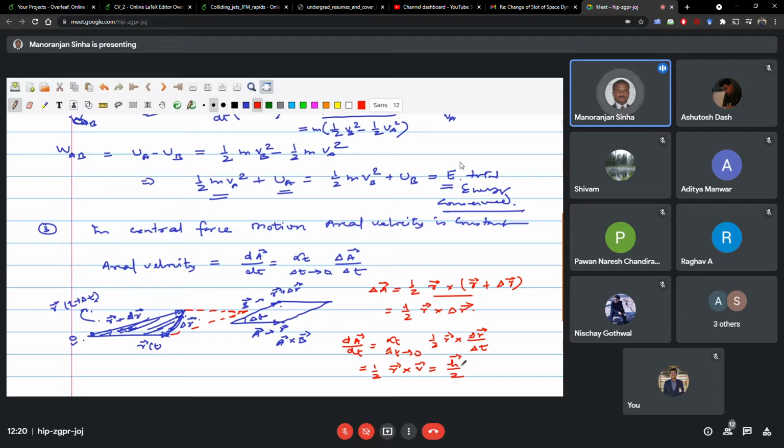The h I have already stated is the specific angular momentum. Capital H by nu, here this is the angular momentum. I will send you the earlier class notes I have written.